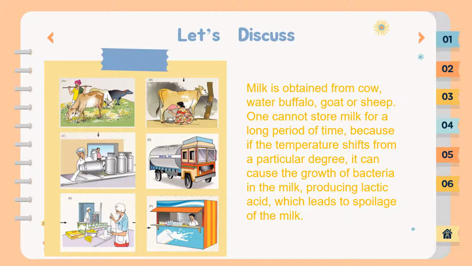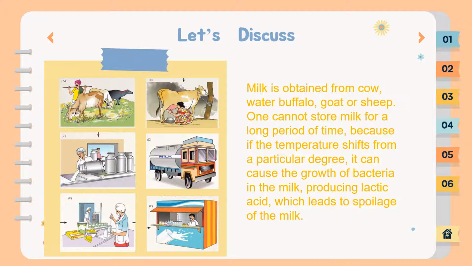Now can you tell me from the given pictures which of these activities is undertaken to obtain a product from nature? Yes, obtaining milk from the cow is the activity undertaken to obtain a product from nature. Which product is obtained through it? Yes, students, milk is the product that is obtained through it.